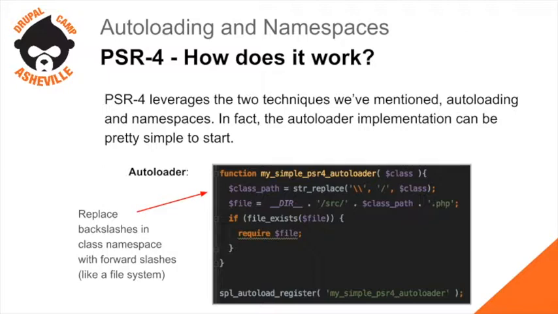So if I pass in MyApp\TemplateEngine\Loader here, it's going to come in with backslashes, and I'm going to replace all backslashes with forward slashes, and then check whether that file exists. If it does, include it. Boom. Since the namespace matches the folder, that's the standard, autoloading is very easy, very reliable, predictable, and you know how to debug your system.